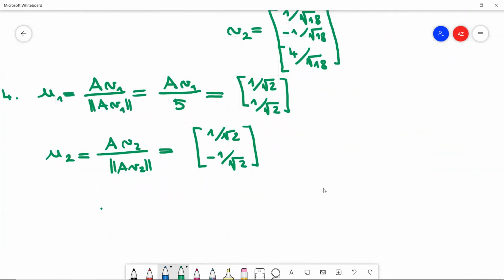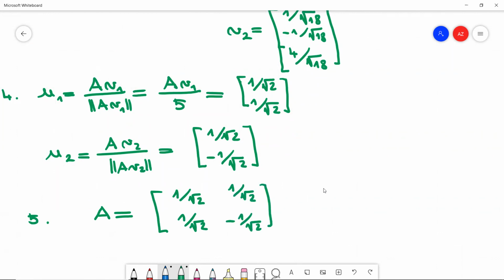So this means that A is then equal to U, which is just U1 in the first column and U2 in the second column. So this is U1, U2.